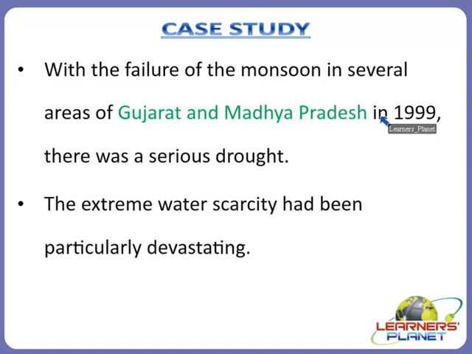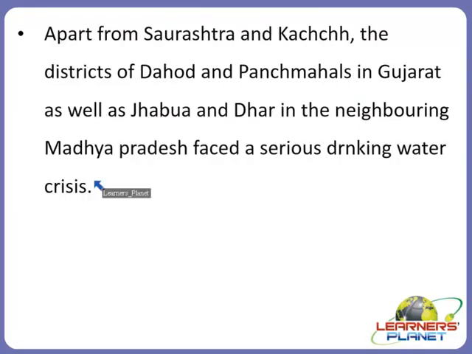So at that time, Gujarat and Madhya Pradesh were very seriously affected. But apart from Saurashtra and Kutch, there were other regions which were affected, like the districts of Dahod and Panchmahal, at that time when the drought happened. So at that time, water scarcity had been particularly devastating.